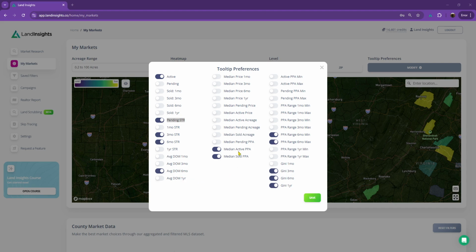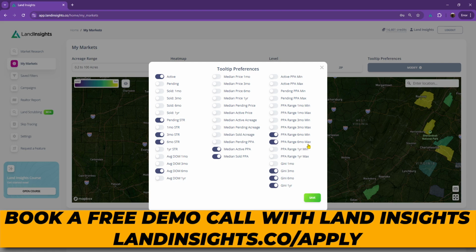I've also moved over to the middle column and chosen the median active price per acre and the median sold price per acre. However, the order that I've chosen this in is median active price per acre, and then I've come over to the far right column and chosen the max over a 6 month range.